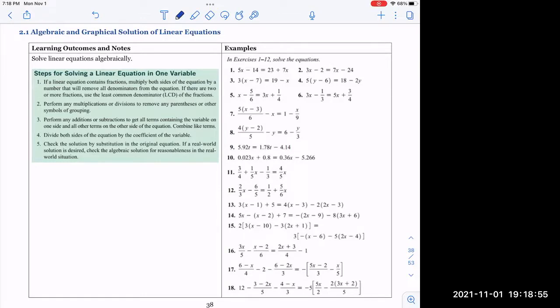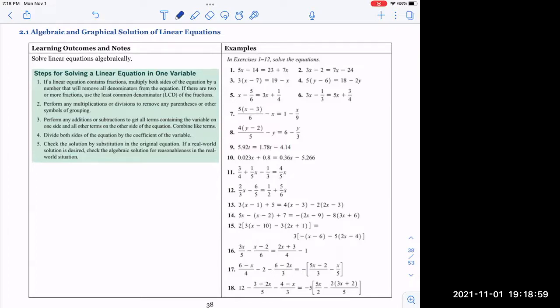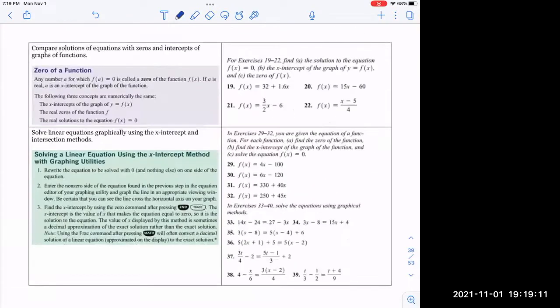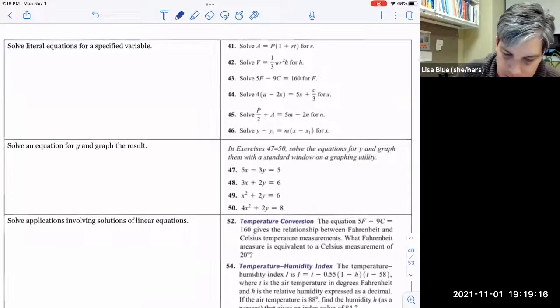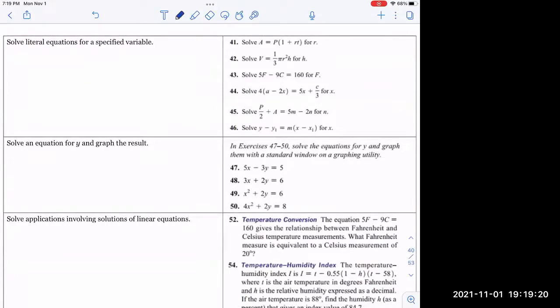Yeah, and everybody was like, yeah, no. That's the one we need. Okay. I probably need it too. Feel you there. Oh, here it is. It's on page 40. Okay. Yeah, solve literal equations for a specified variable. Oh my gosh, yeah, I don't like these.